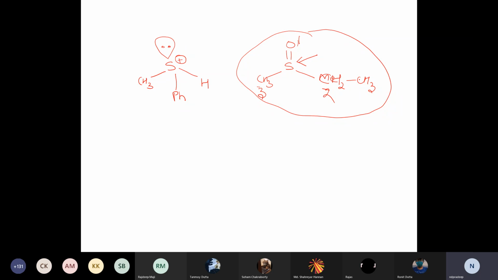Why are you saying it's not chiral? Sir, it should also be sp3 hybridized, and this molecule is planar. But that is only for the carbon atom, right? The sulfur has a lone pair. That's what I just drew. It has a lone pair.